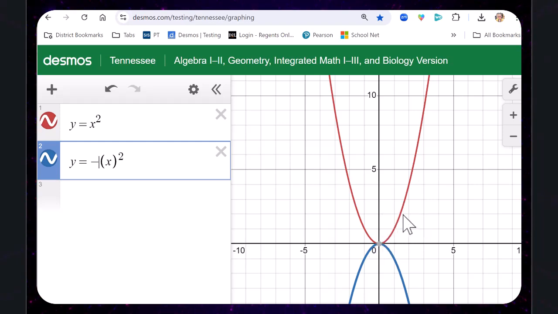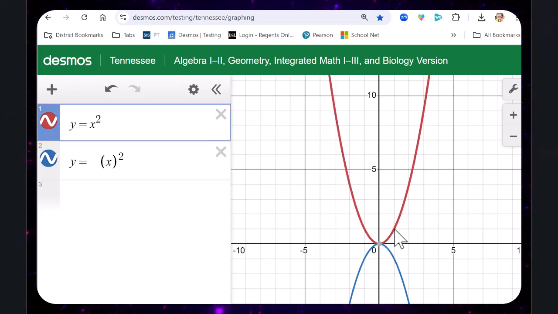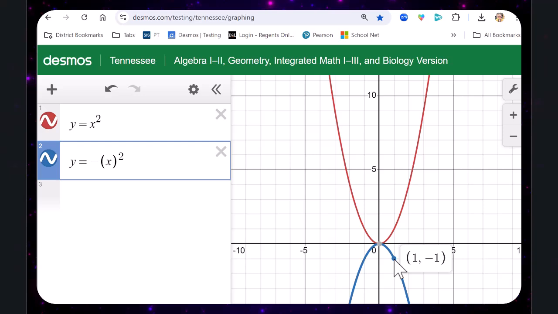It's really hard to tell on this one, but look at 1, 1 right here. Here it is, 1, 1. It actually reflected all the way down here to be 1, -1. When you multiply the function by -1, it changes all of your y values. So in front means it's going to reflect over the x-axis.